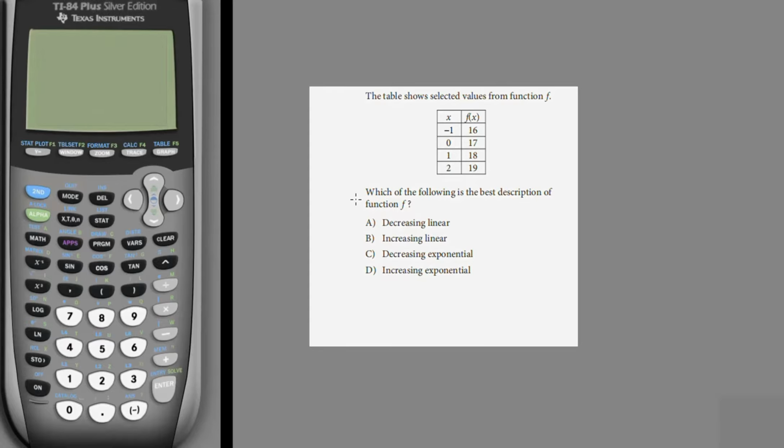Since the increase is by 1, it shows that it's linear in progression. So the right answer is option B, increasing linear. It's obvious, it's increasing linear, it's increasing by 1.